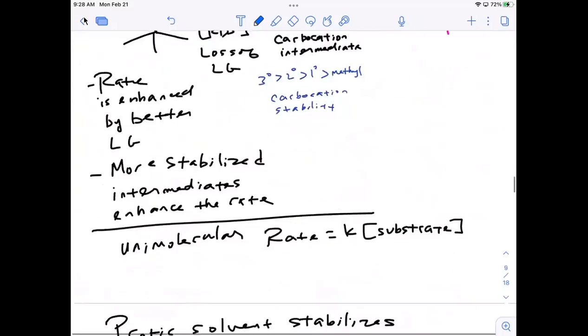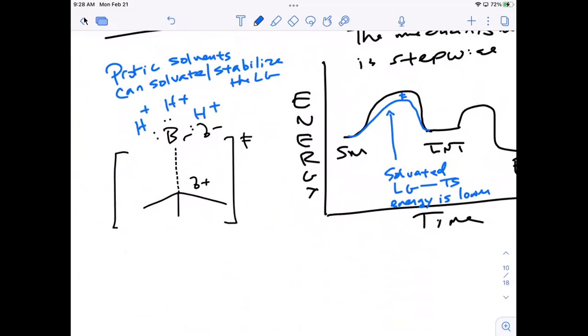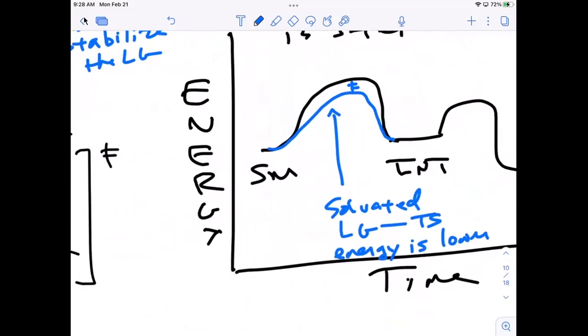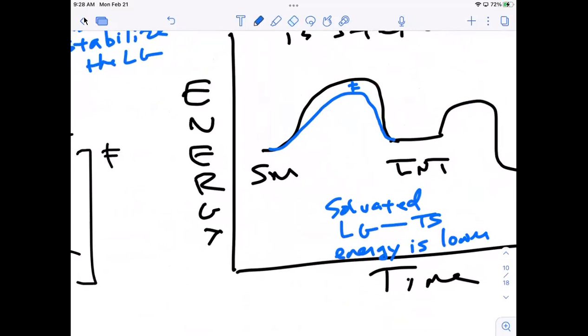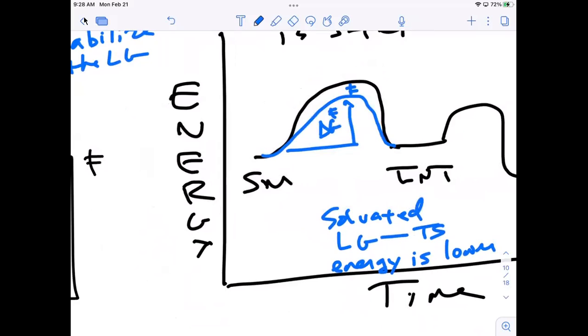When you solvate that leaving group, you're actually decreasing the activation energy. Because remember, this is the activation energy right here, going from starting materials to the highest point on the diagram. Did that explain it? Yes. Thank you.